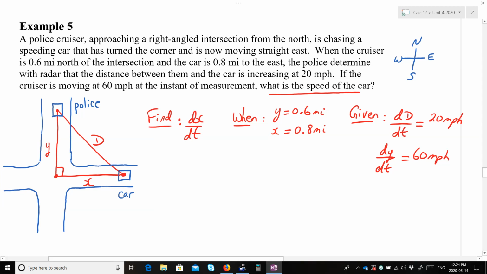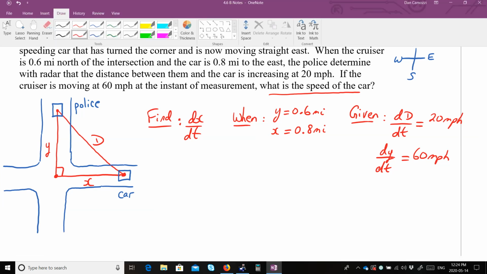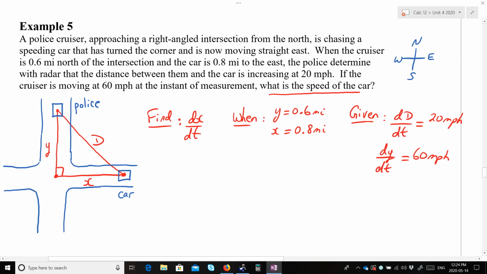And is that everything we know? I think so. Okay, so now we have to relate x and y and d, and this of course is a 90-degree triangle. So x squared plus y squared equals d squared. Differentiate both sides with respect to time.